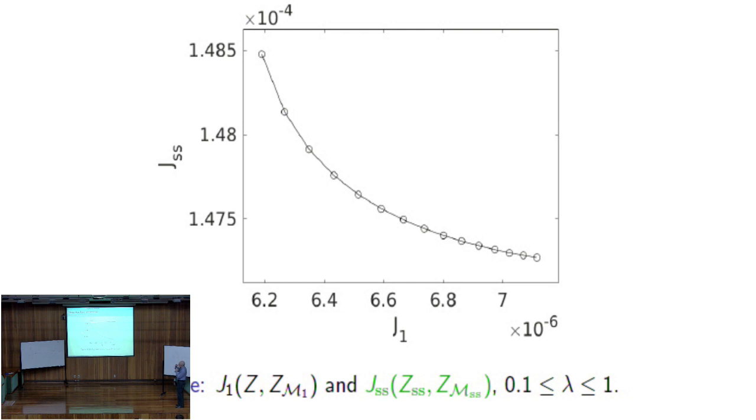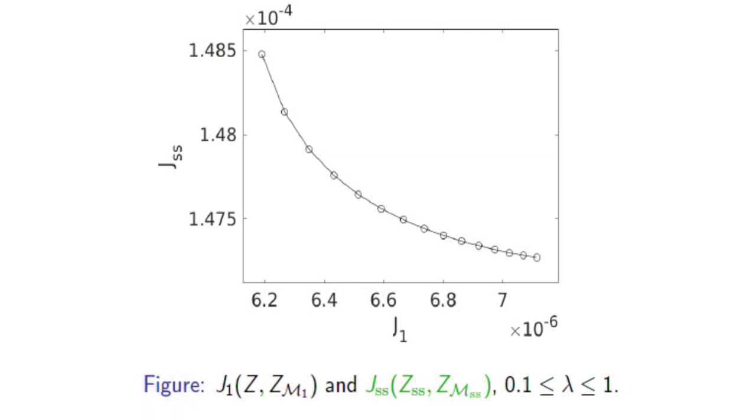Okay? So if we solve this for various values of lambda, typically you get something like this. This is the one step ahead cost function, which is this one. Here we have the cost function that relates to the steady state data. And this is the typical Pareto curve. The Pareto curve says that if you want to improve dynamical performance, you might have to give up steady state performance and the other way around.